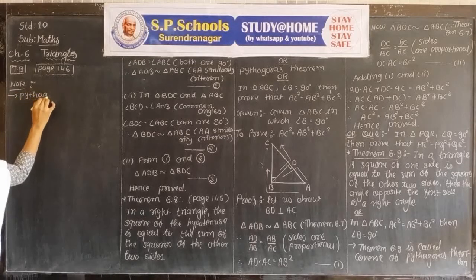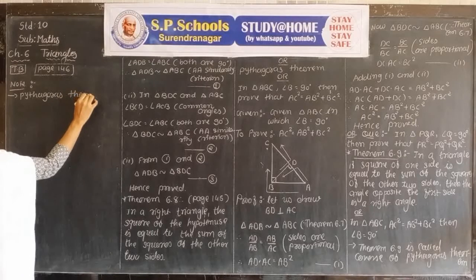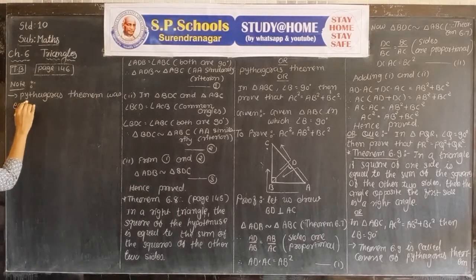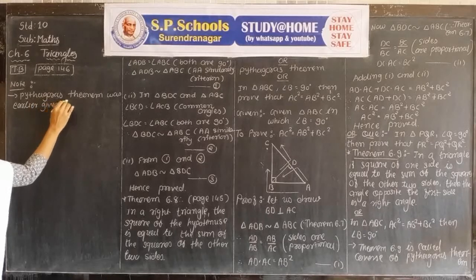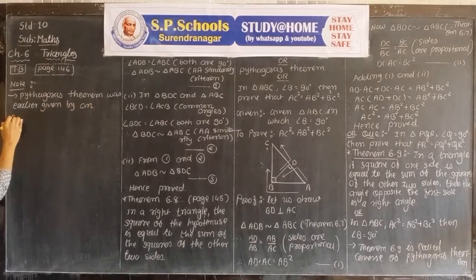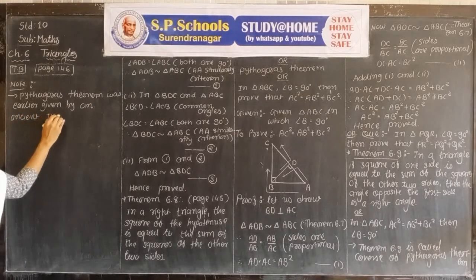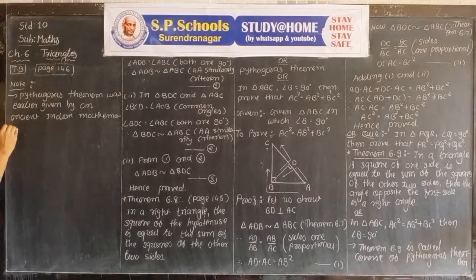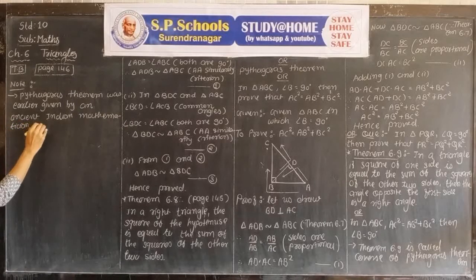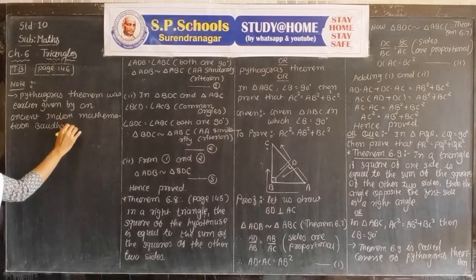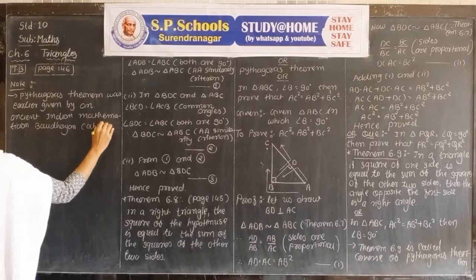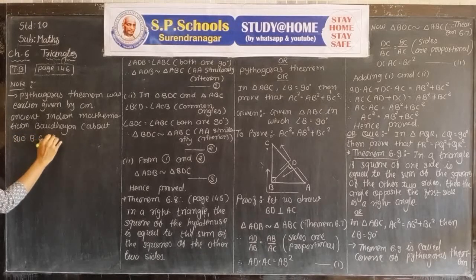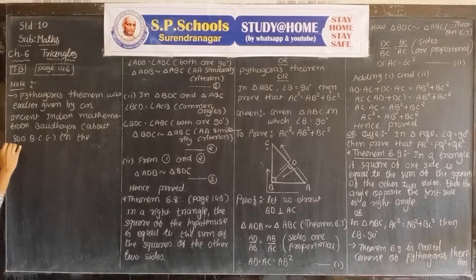Pythagoras theorem was earlier given by an ancient Indian mathematician Bodhayan about 800 BC in the following form.